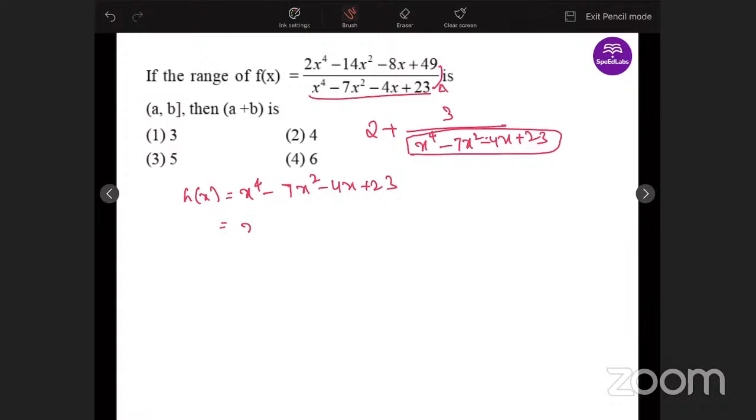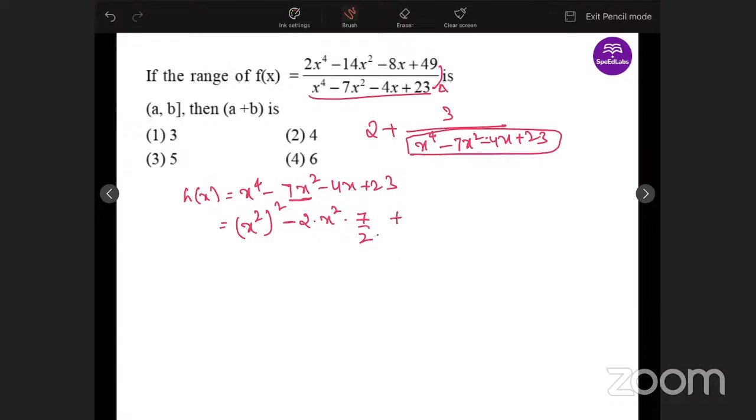So this is x square the whole square minus 2 times x square. So here, to get 7x, what can we do here? I should have a 7 upon 2, right? Yes, sir. So 7 upon 2.